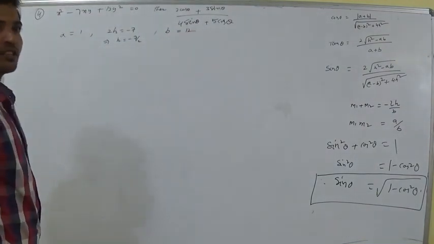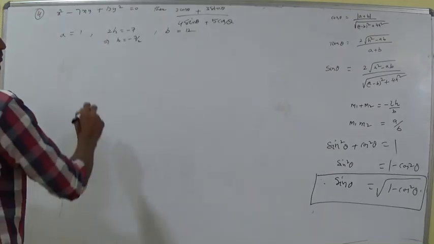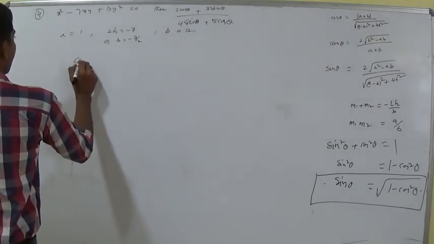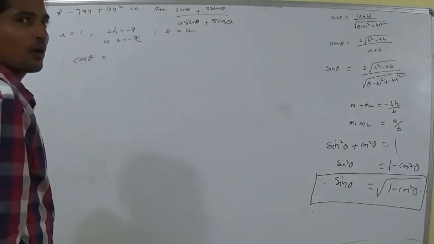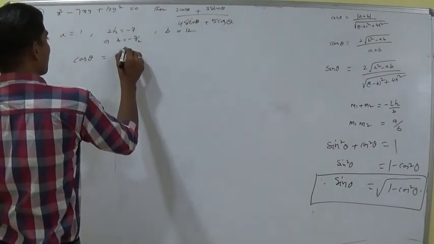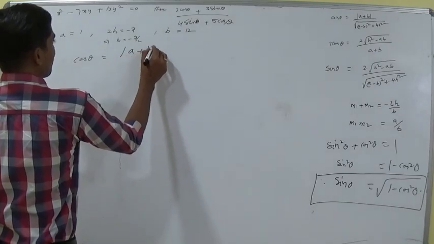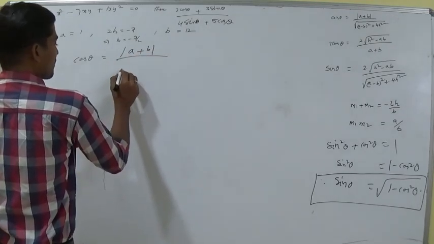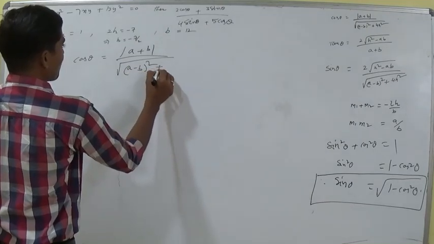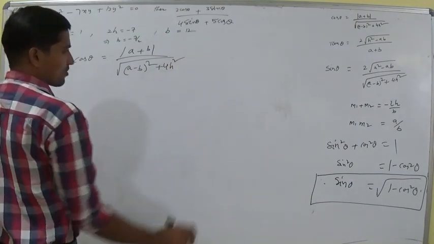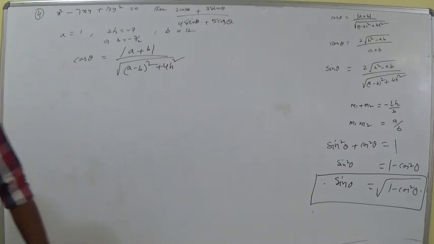Now cos theta equal to modulus of A plus B by square root of A minus B whole square plus 4H square, right?